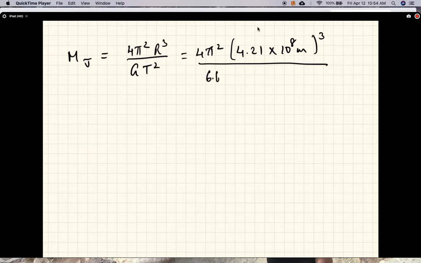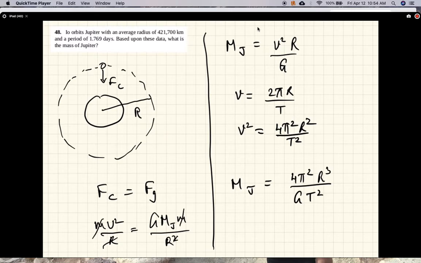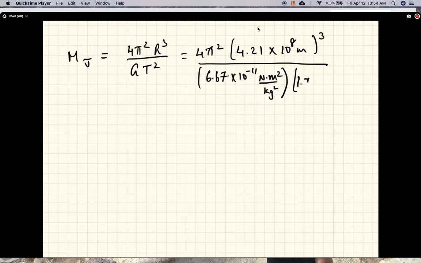G is 6.67 times 10 to the minus 11 newton meter squared per kg squared, and the period is 1.769 days. Each day has 24 hours, each hour has 3,600 seconds, squared.